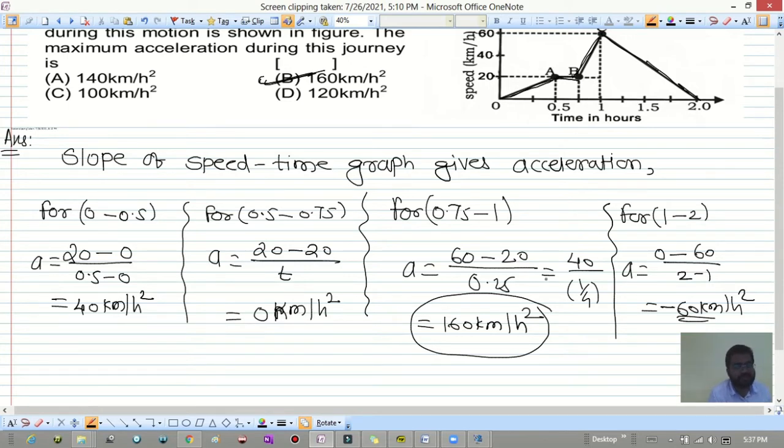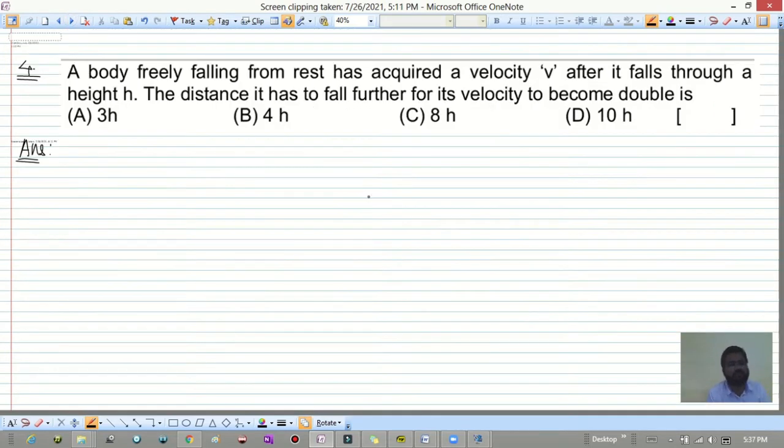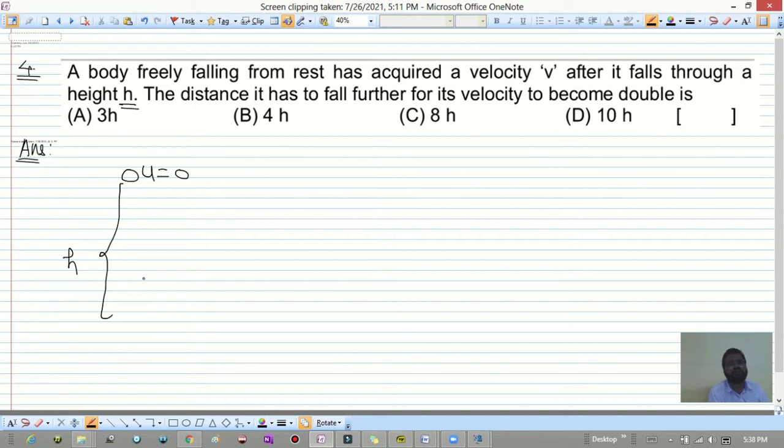So the next question is given: a body freely falling from rest has acquired a velocity v after it falls through a height h. A body falls freely indicates initial velocity is 0. It falls through a height h and acquires a velocity v.